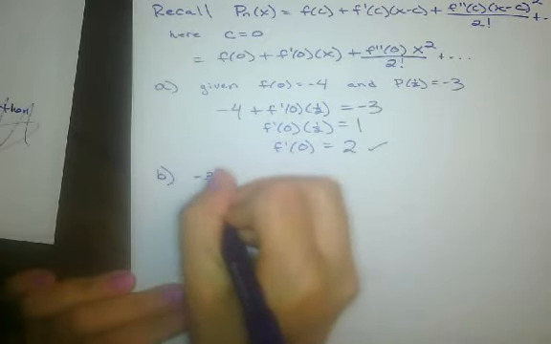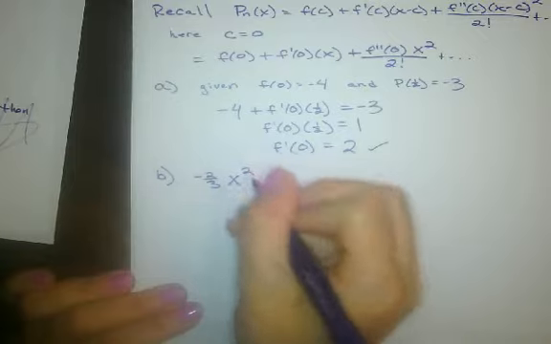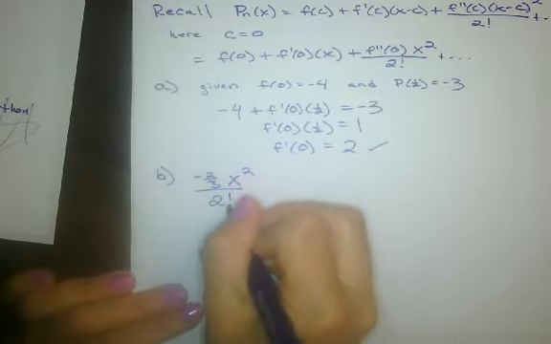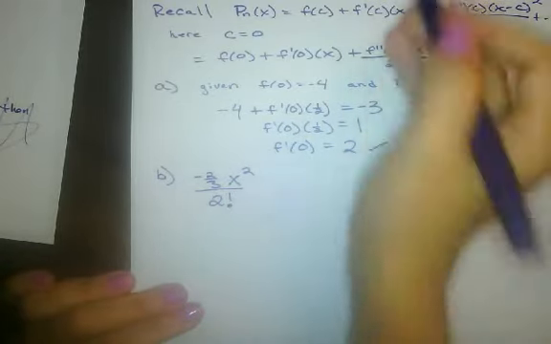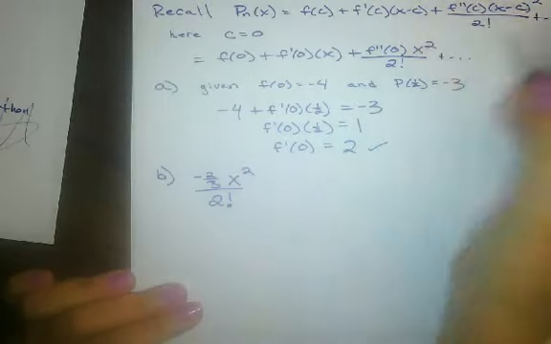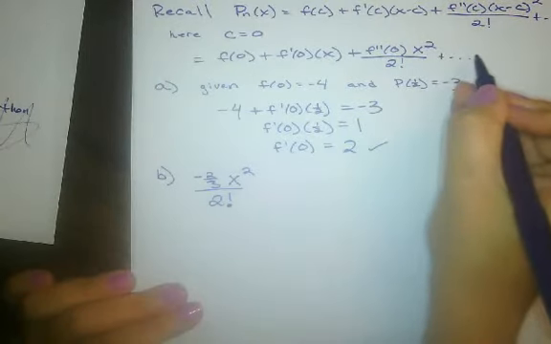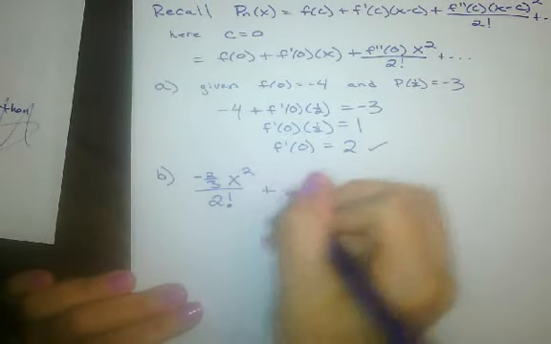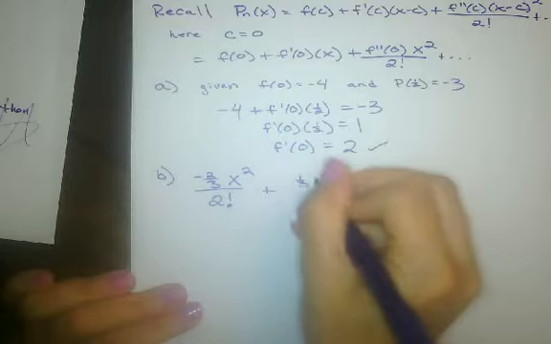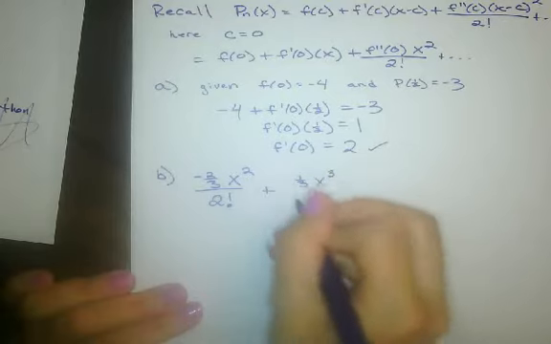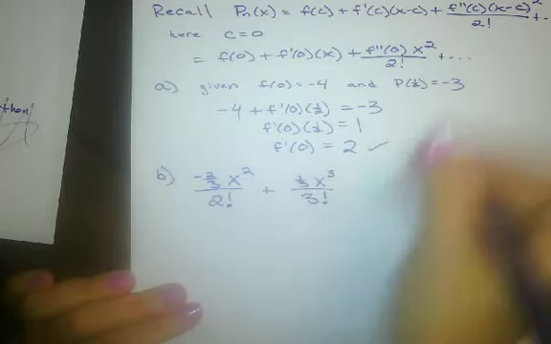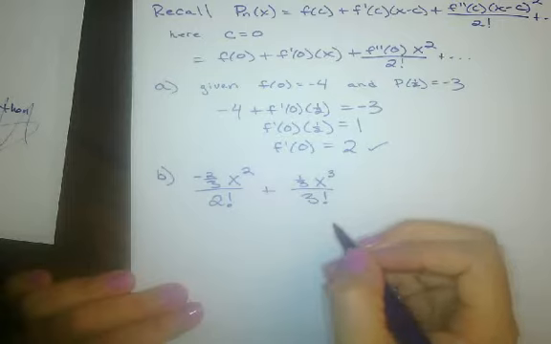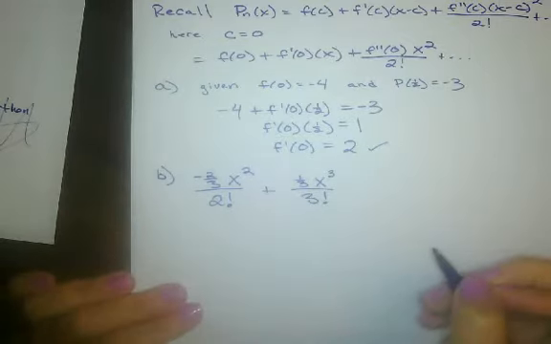So we have -2/3 x squared over 2 factorial, and then it gives me info about the third derivative, so I need to continue this pattern out. It would be plus 1/3 x cubed over 3 factorial. I maybe should have written out the next term there, but I was just following that.